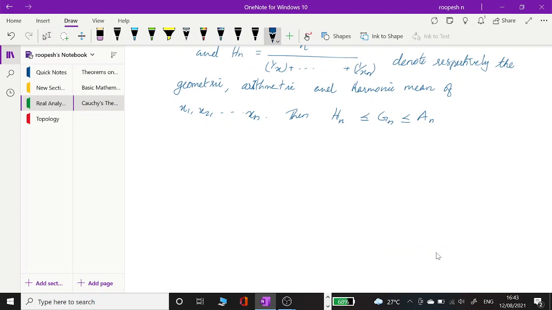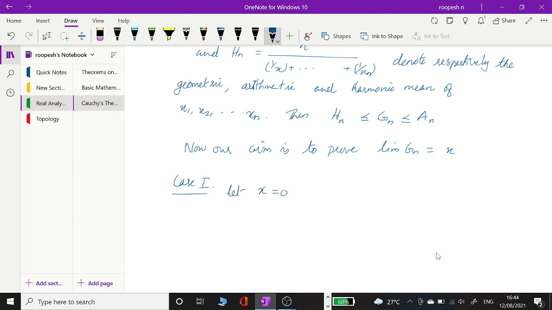Now our aim is to prove limit of this Gn equal to x. So we will examine this by two cases. Case 1, let x equal to 0.